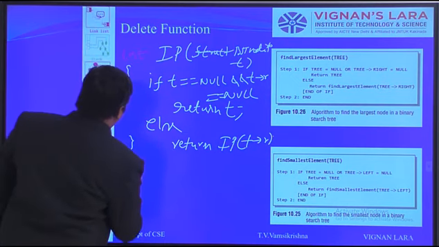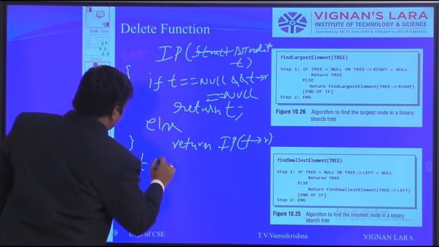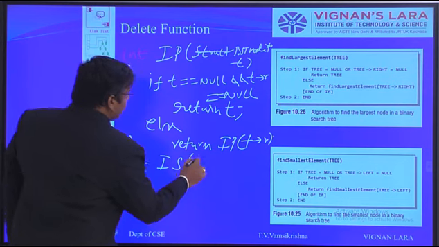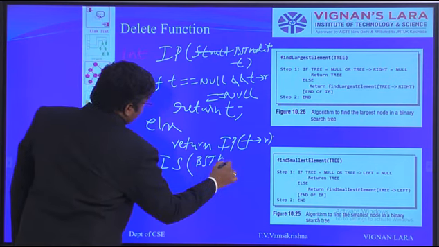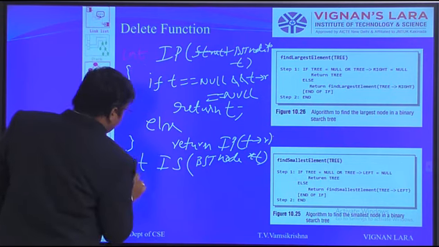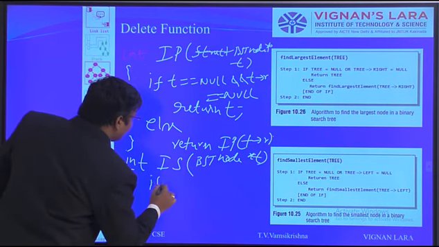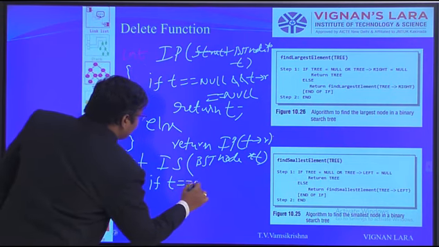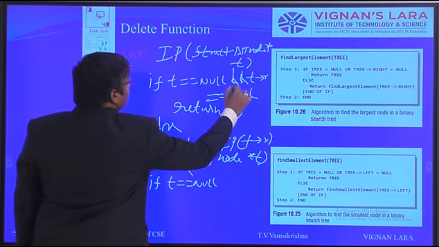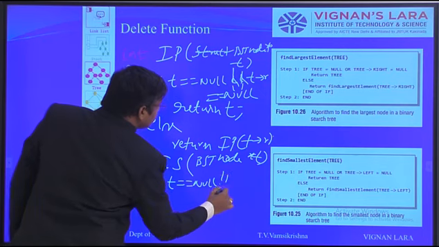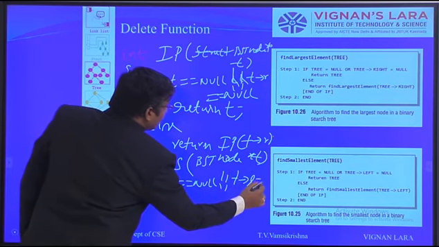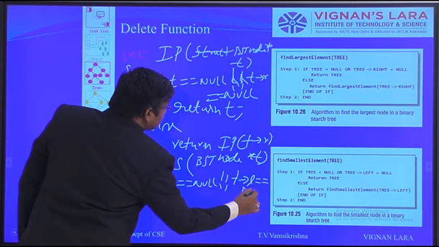Conversely, we need to find the smallest element. So in-order successor, IS. Here also we need to pass BST node star T. Again we check if T double equal to null, logical OR, T of left double equal to null.